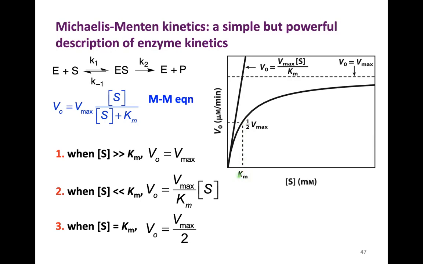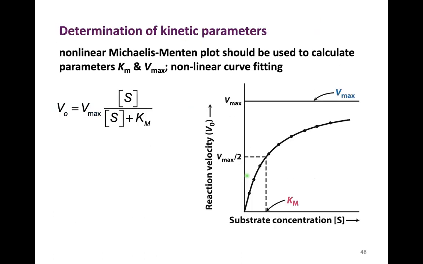And you may say, hey, Sheets, Km was a collection of rate constants. That is true. That's how we mathematically defined it. Operationally, it is also useful because it tells us the substrate concentration at 1/2 Vmax. Okay, so that is extremely useful, and we'll be exploiting this idea moving forward.